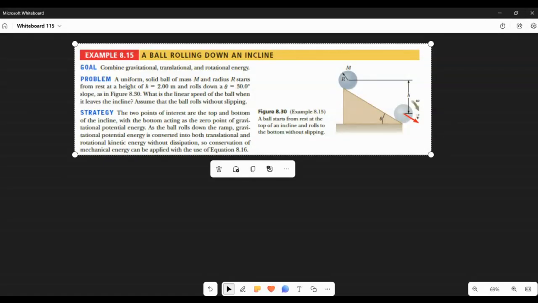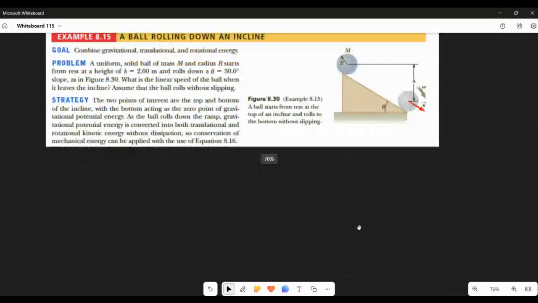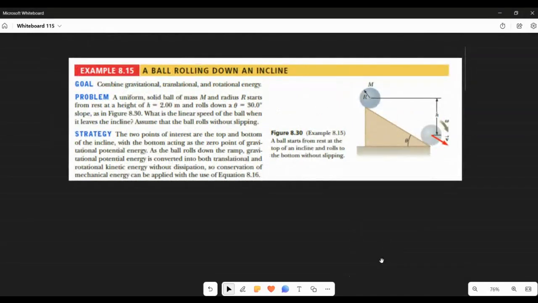All right, fantastic. Thanks, Cabello and Penny. So here we have a problem, and they say the goal is to combine gravitational, translational or linear, and rotational energy. So we have a uniform solid ball, obviously a solid ball is linked to a sphere, of mass m and radius r, and from rest at a height of 2 meters, it rolls down a slope of 30 degrees.